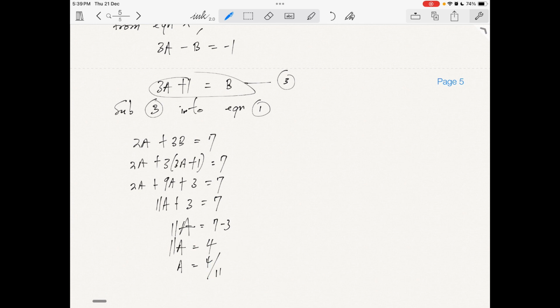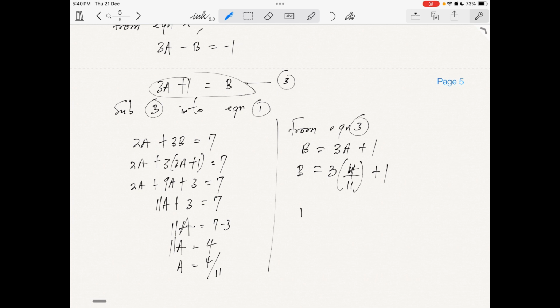Now to solve for my b, I recall from equation 3 that b is equal to 3a plus 1. I've evaluated a before to be 4 over 11, plus 1.